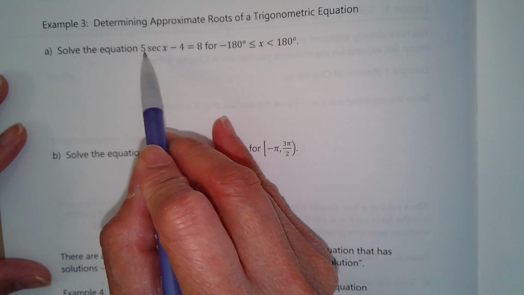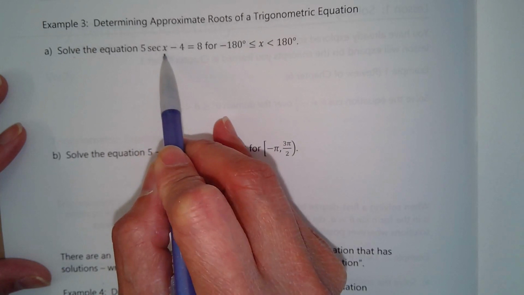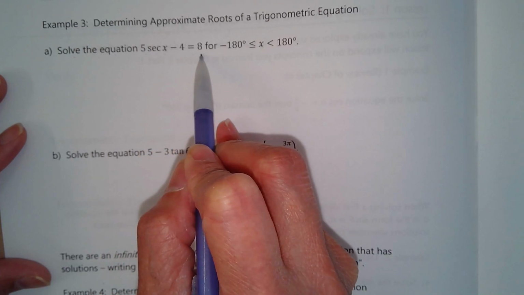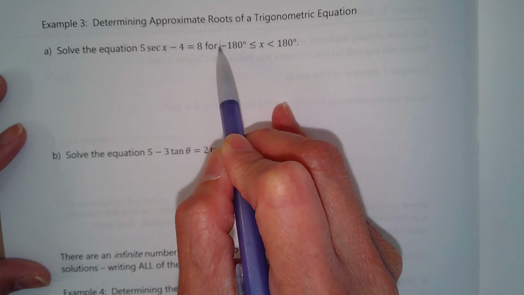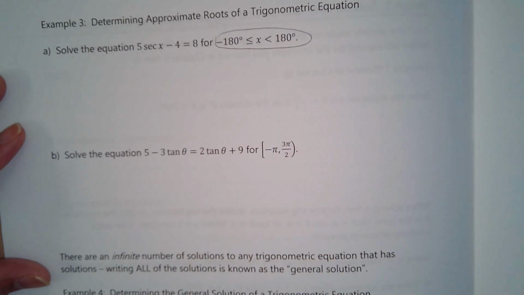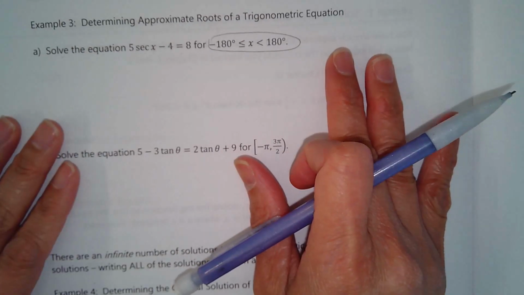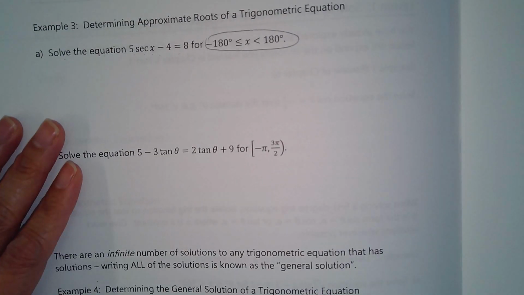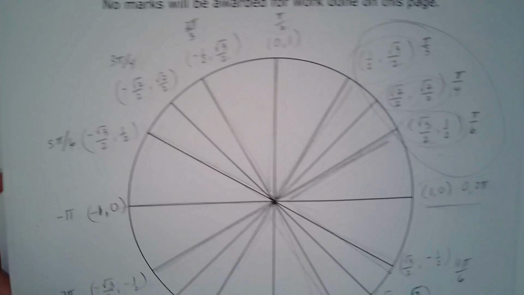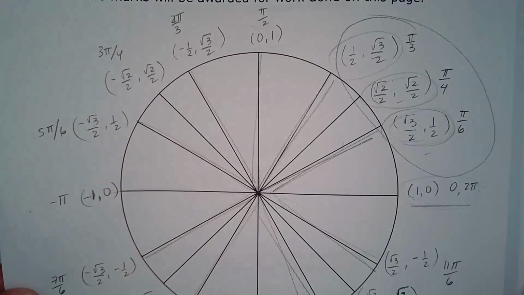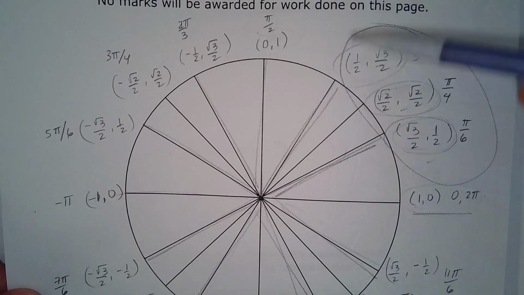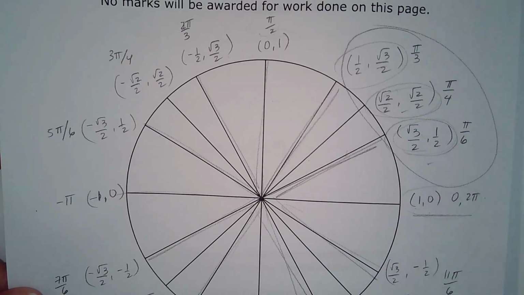Solve the equation 5 secant x minus 4 equals 8. Now, I have to pay attention here because we're operating in degree mode, not radian mode. The reason we did this today is because we're going to be using it quite a bit.